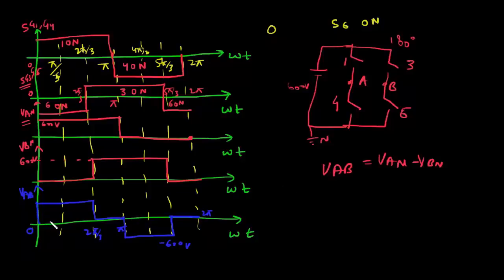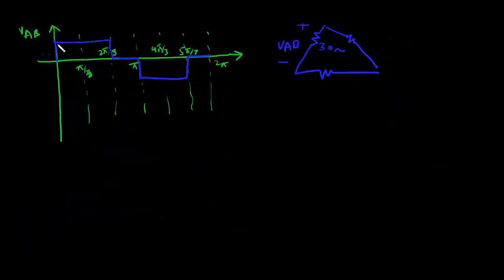So from here you can easily calculate what is per phase power consumed by the load. So here is the voltage waveform of VAB which we found out. From here you can easily calculate the power per phase consumed by this 3-phase delta load. So you know that average power is 1 upon time period, 0 to T, VI dt.